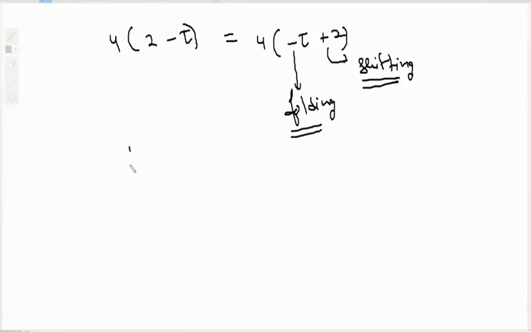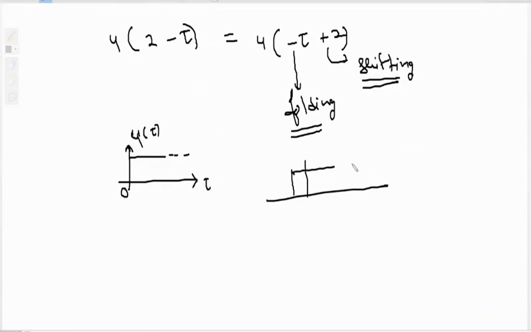Okay, so this is our standard u of tau signal. U of tau, x-axis is tau, origin. Plus 2 means signal will shift on left side by 2 units. So this is the sketch of u of tau plus 2, first shifting. Then folding.